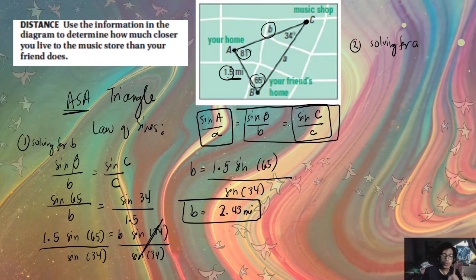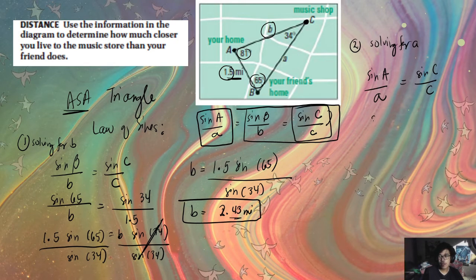Why not use sine B? We can use sine B, but the value of B is close to the exact answer while still being an approximate answer. If we want the most exact answer, we have to partner A with C. That gives us sine A over A is equal to sine C over C, since our value of C is given.